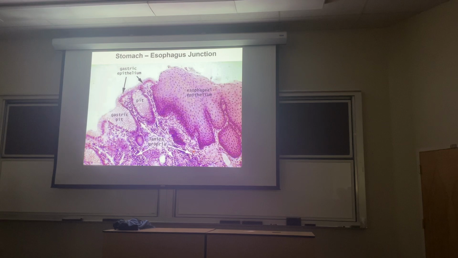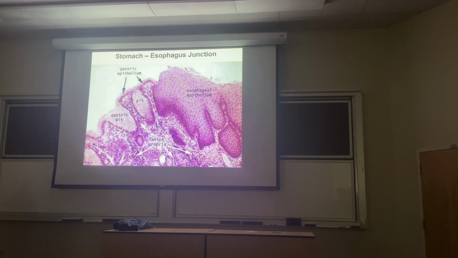It's very important to secrete a lot of mucus into the lumen of the stomach because of the acidic contents. We need to have at least 1 millimeter thick of mucus lining the mucosa of the stomach to help protect it from autodigestion. This is the lamina propria here, and you can see it's a loose connective tissue.